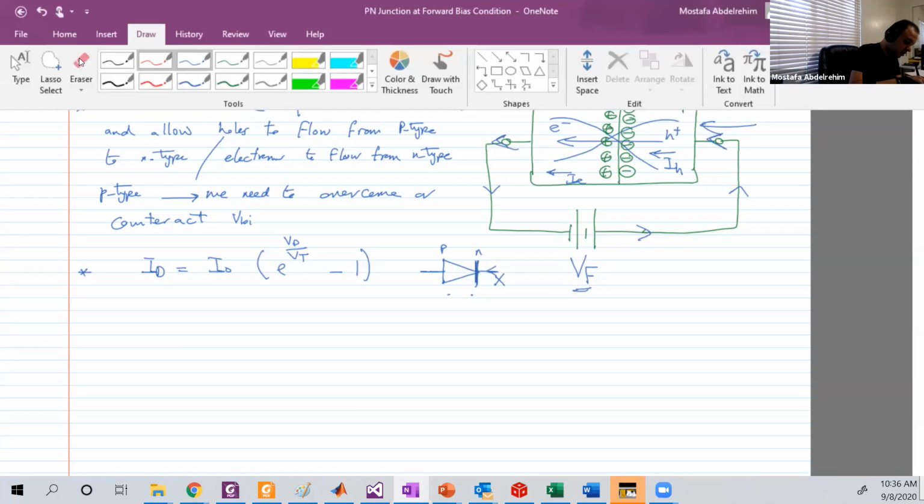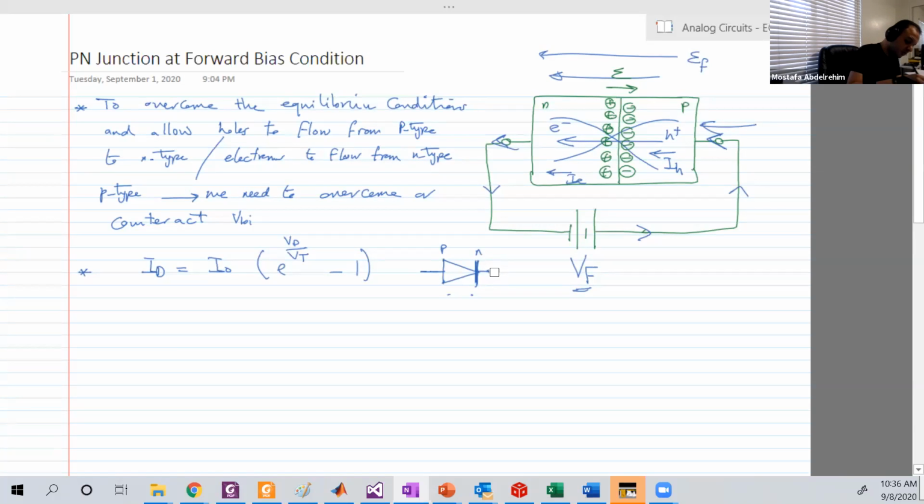So let's just remove it. And we made the symbol for P just like an arrowhead to show that the current can move in that way. So this is ID, and the voltage is just opposite, just like any other element, the voltage has the direction opposite to the current.